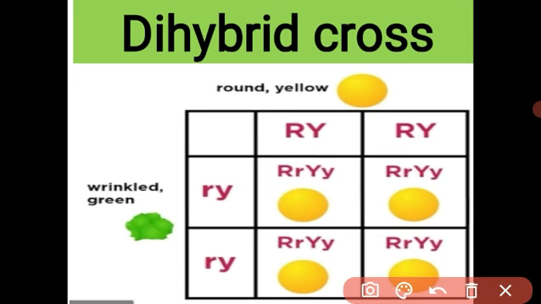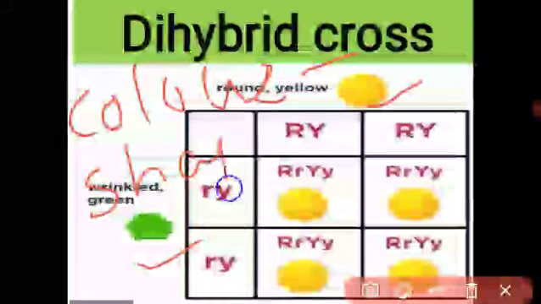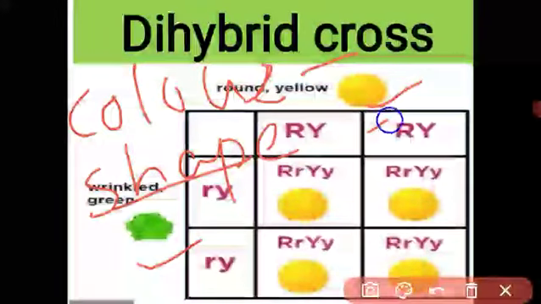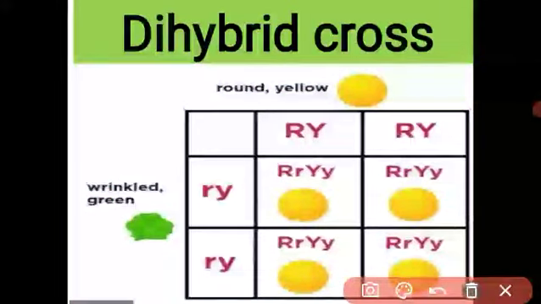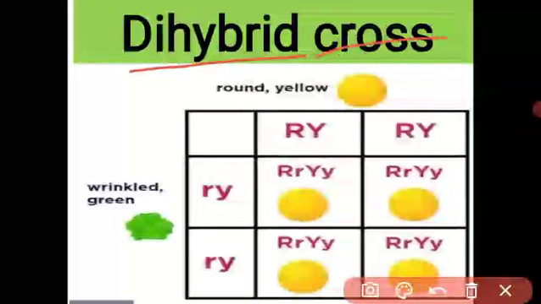Let us see the example of the seed. First we see the color of the seed. Color is one character, it has two alleles, yellow and green, and shape is the other character, round and wrinkled. Got it? Means in the dihybrid cross we are crossing two contrasting characters. One is the color of the seed and another is the shape of the seed.